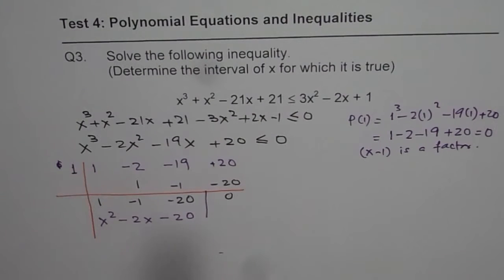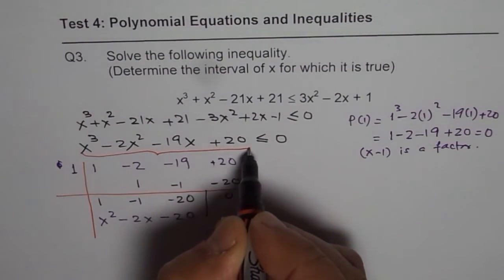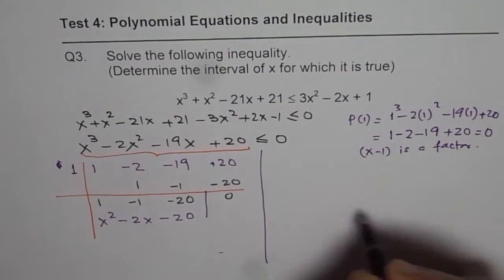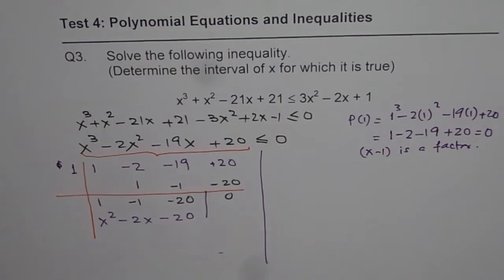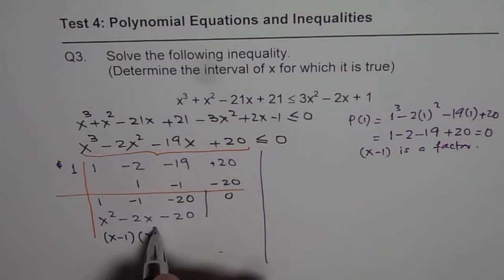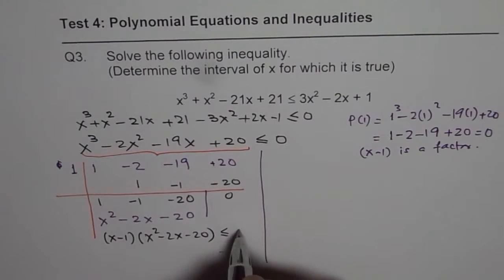Now we can write the polynomial in factored form. We know x minus 1 is a factor, so we get x minus 1 times x squared minus 2x minus 20 less than or equal to 0.